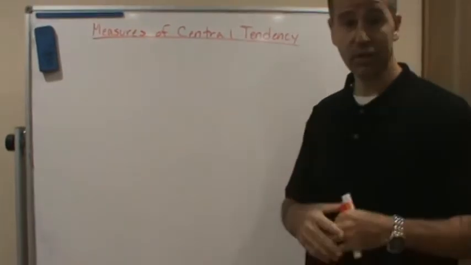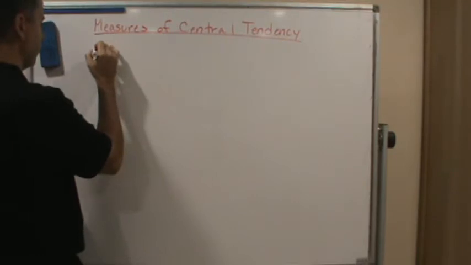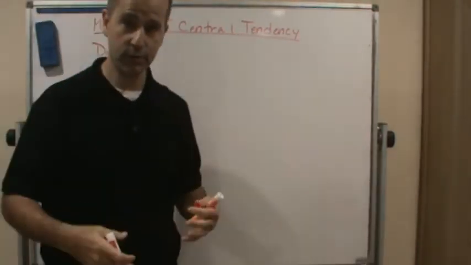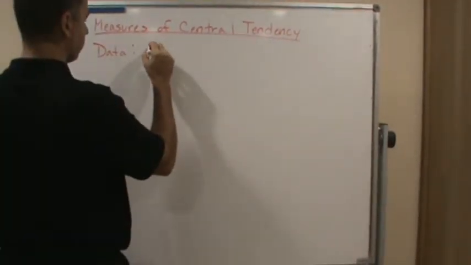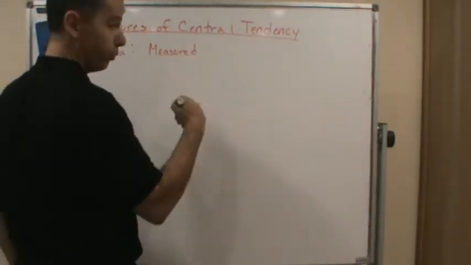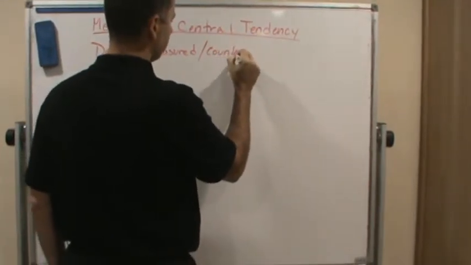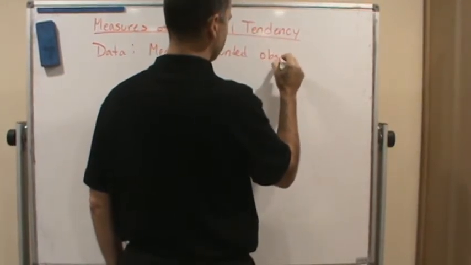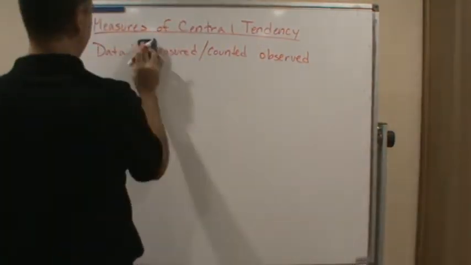Data is just a collection of observations. It's a set of observations, that's what we call data. These are measured observations from a population, or we could say counted or measured. Let me write it a different way.